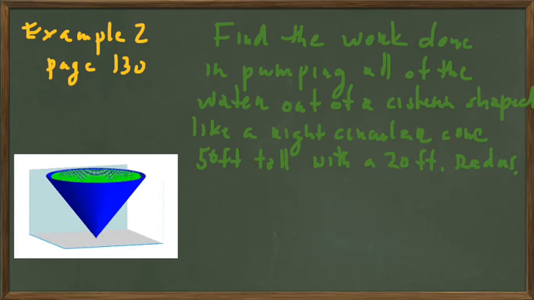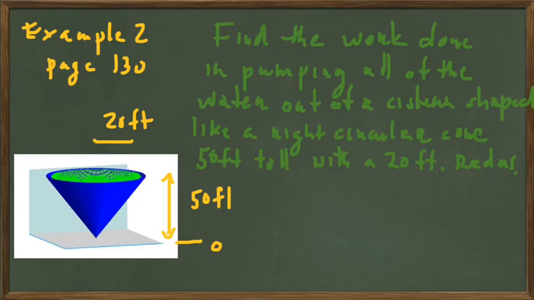So in this second example, we are going to find the work done in pumping all of the water out of this cistern. Here is the ground right here, so let's mark this as 0. The height of this cistern is 50 feet, and its radius is 20 feet.